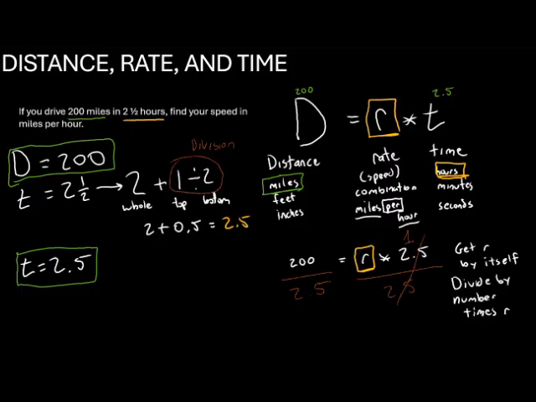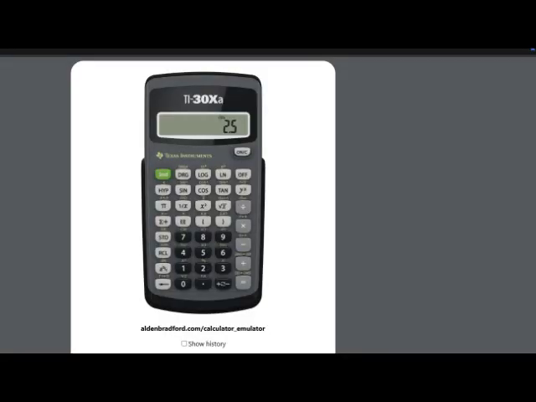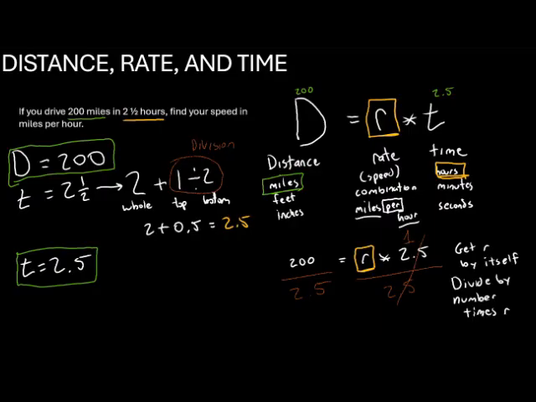Let's go to the calculator one more time. We enter 200 and divide by 2.5. When we press enter, we'll get 80. Therefore, my answer is r, or 1r if you wish, equals 80.